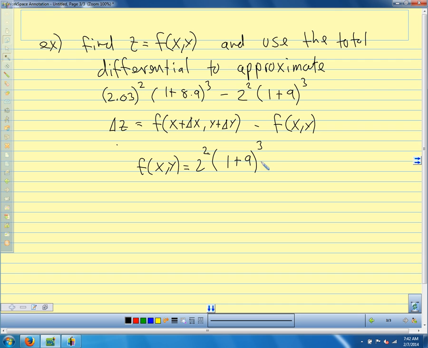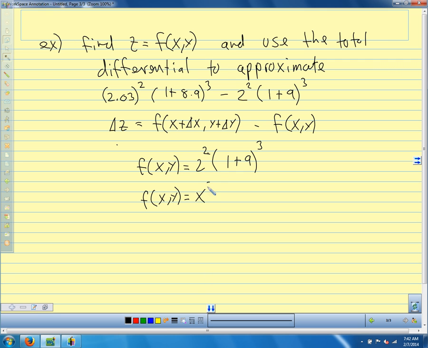So how could we write a function of x and y? We're looking at what is changing here. So this 9 is changing to 8.9 and the 2 is changing to 2.03. What function does this suggest? What are we doing to this quantity out here? Squaring it.